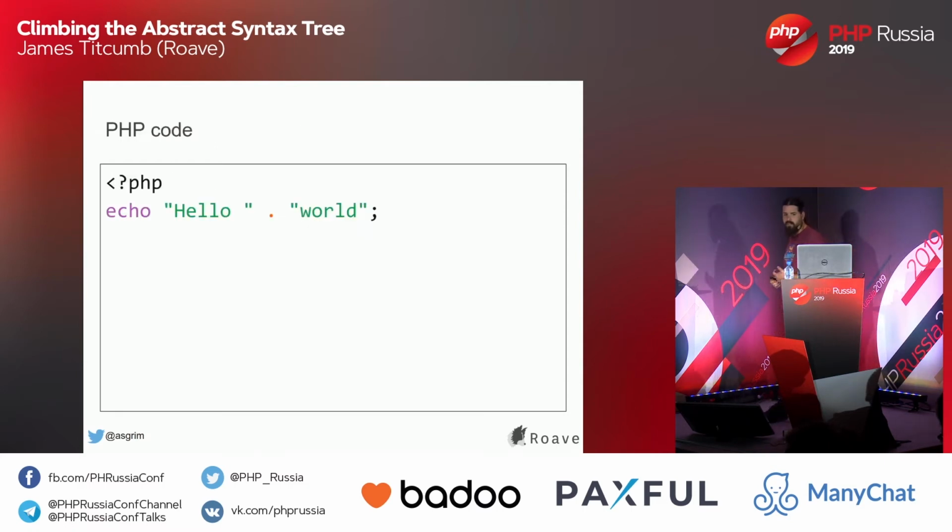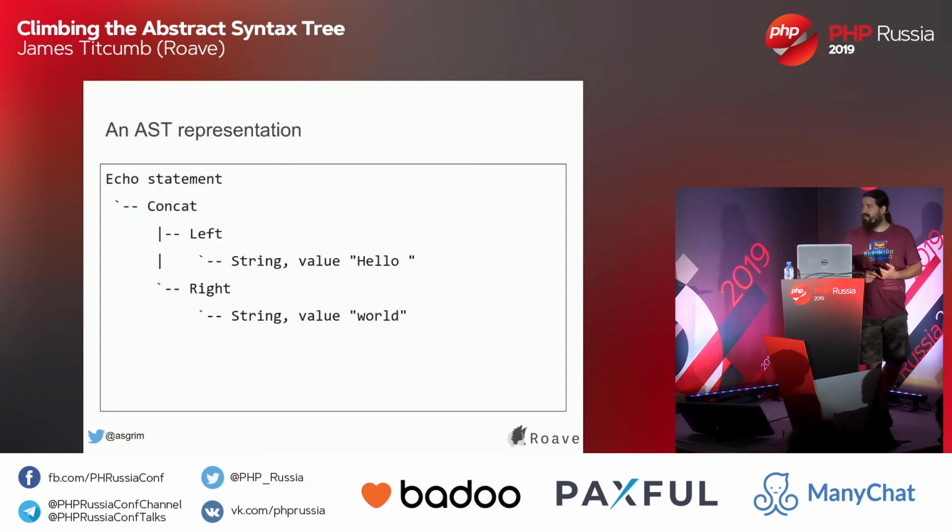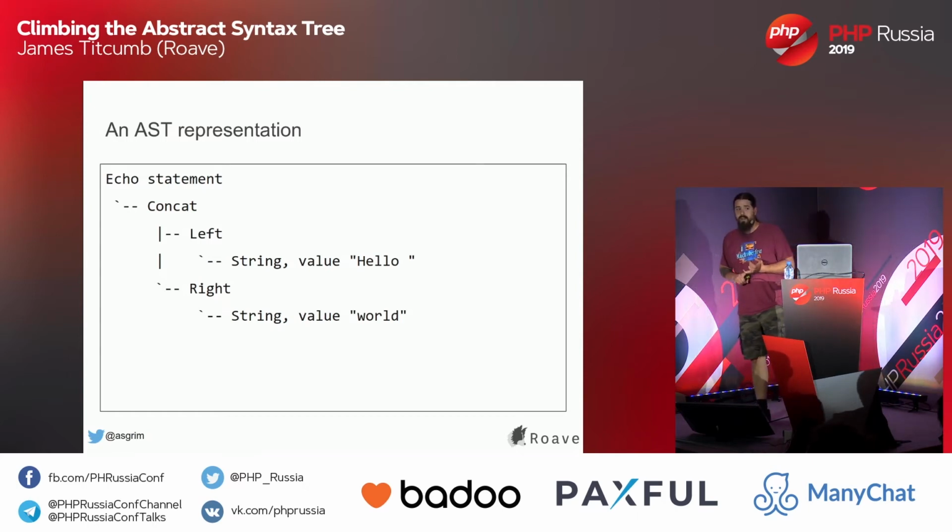Fairly straightforward, I think. Now, if we add a bit more complexity in here, not very much, we're just going to do a concatenation. But there's a little bit more going on here. We've got these new types of nodes in our tree. We've got our echo statement, but this time the child node is a concatenation. The concatenation is a binary operator, which means it has a left and a right.